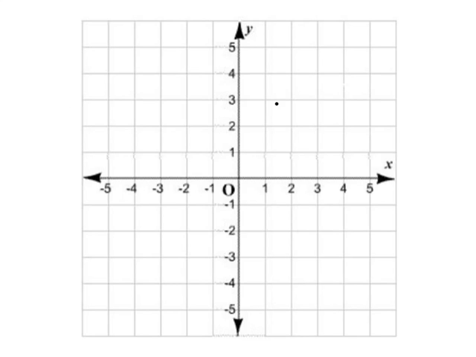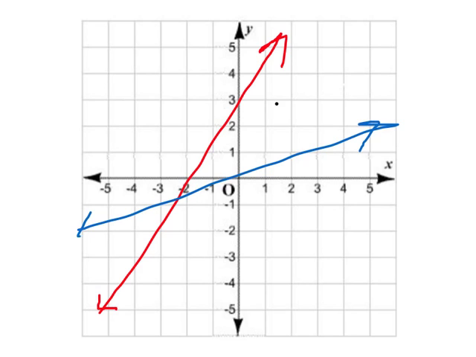The next question is asking you which line is bigger. So draw these two lines, or two lines that look similar to these, on your paper. If we look at these two lines, we're trying to figure out which line is larger, which also means which line is steeper, which one is increasing at a faster rate.